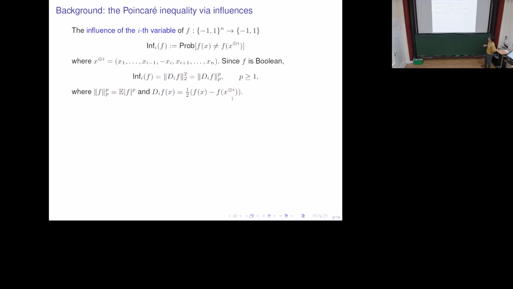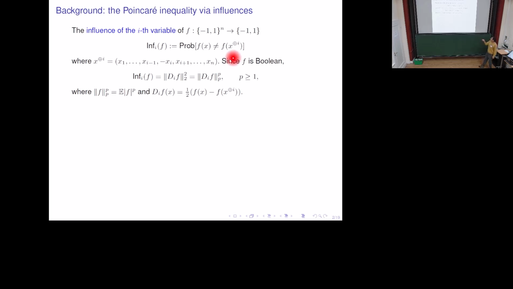This is a partial derivative operator, and you can easily compute that if your function here is a Boolean function, then this very definition of the influence of an ith variable can be rewritten as the pth power of the LP norm of DI of f. Simply because f here is a Boolean function taking values in plus minus 1, so DI of f will take values in plus minus 1 and 0.